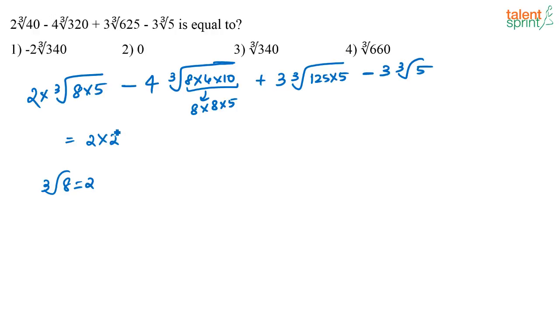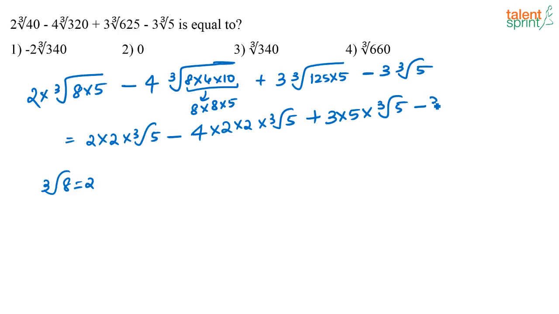So this will become 2 into 2 into cube root of 5, minus 4 into 2 into 2 into cube root of 5, plus 3 into 5 into cube root of 5, minus 3 into cube root of 5.